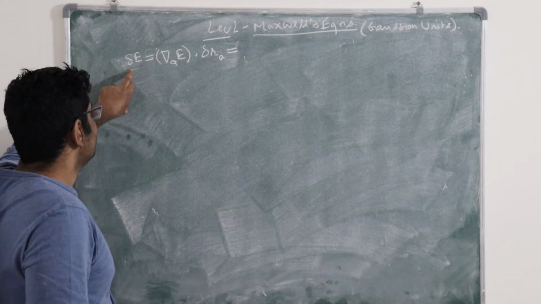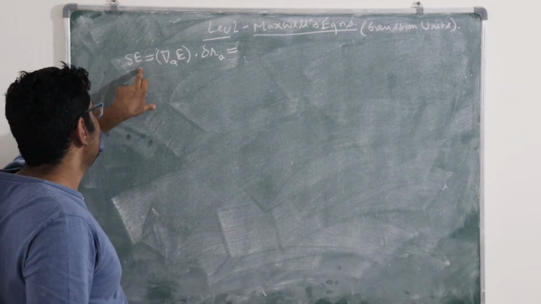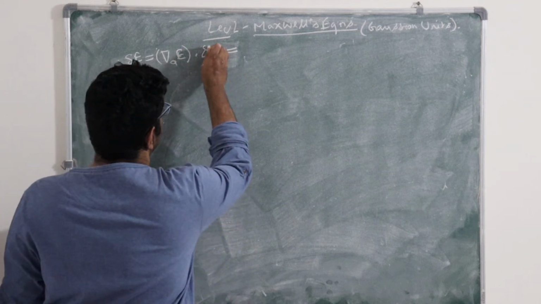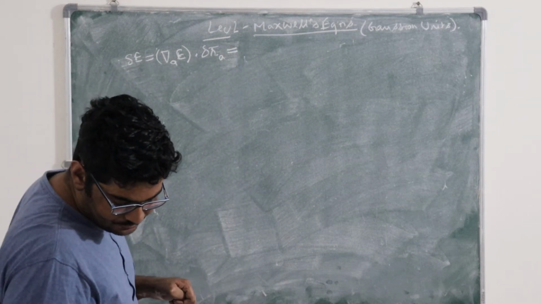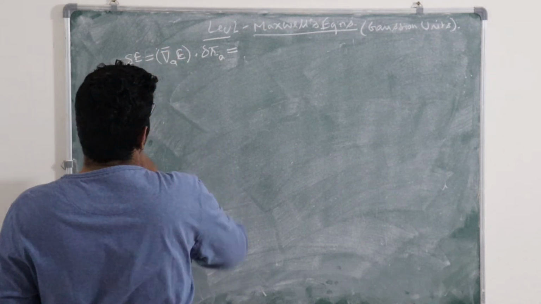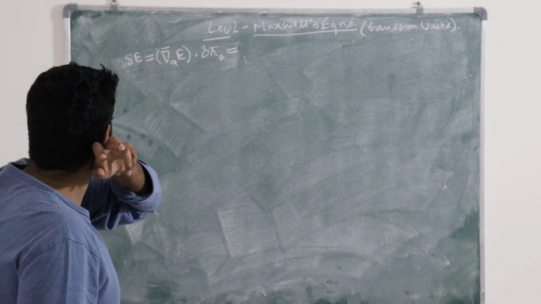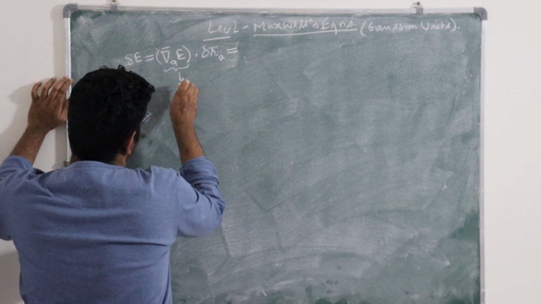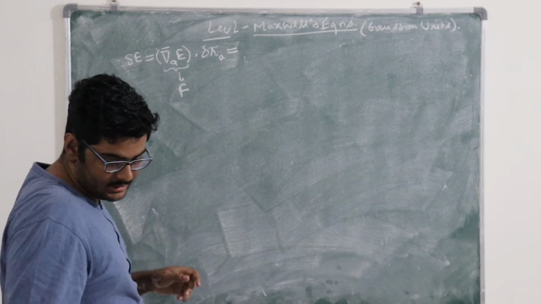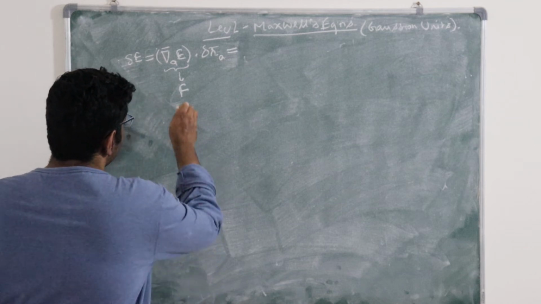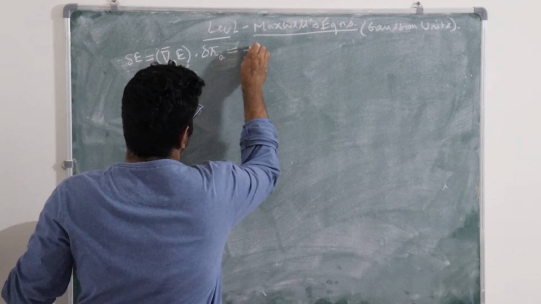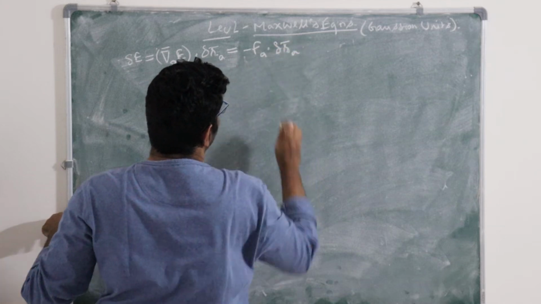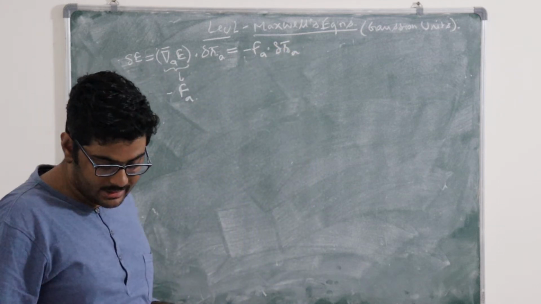What I did is I just took a variation of E, and that is the gradient of E times the variation of R. The gradient of E is something we recognize, and that is basically the negative of the force F A. This is minus F A times the variation in R.